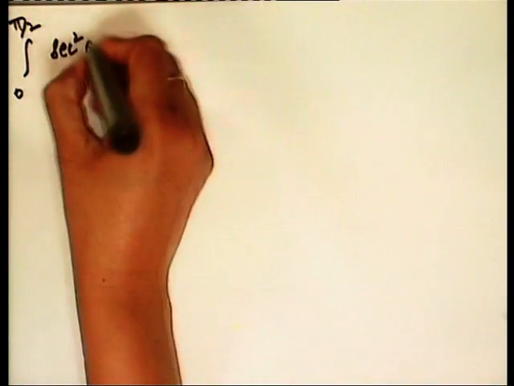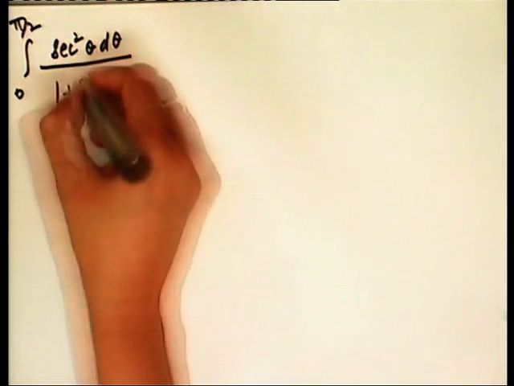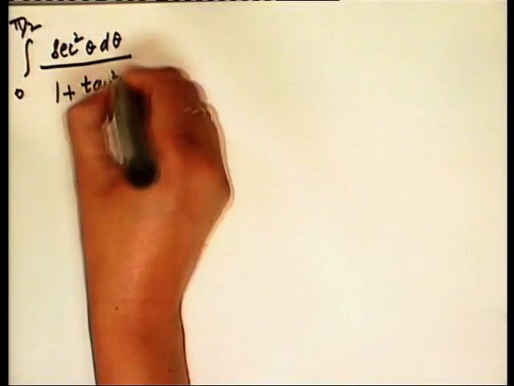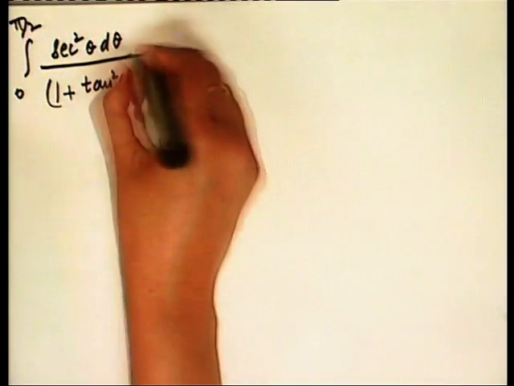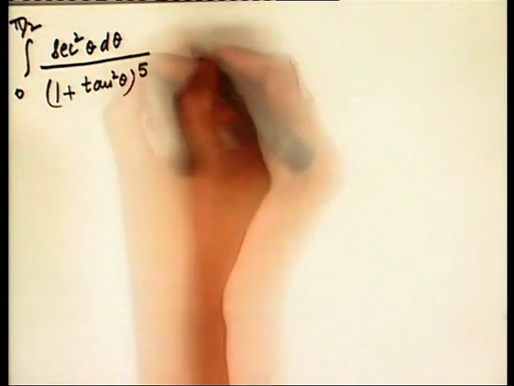Now our question becomes: integral from 0 to pi by 2, dx is secant square theta d theta, and in the denominator (1 plus tan square theta) whole raised to power 5.